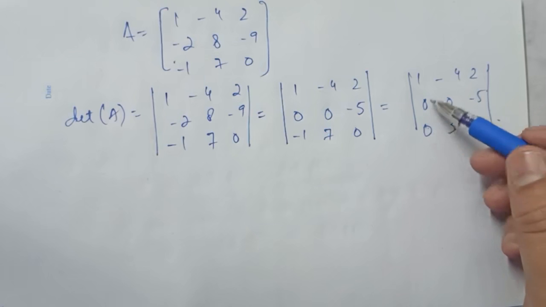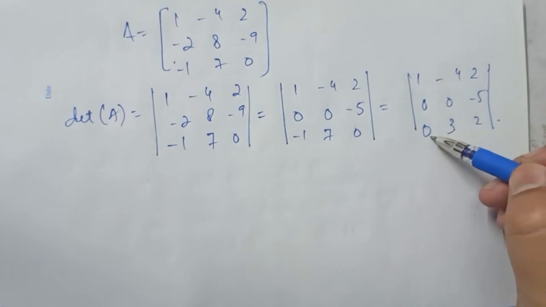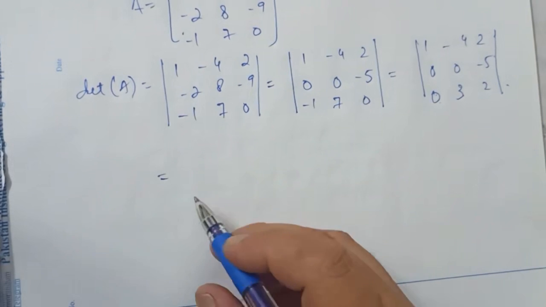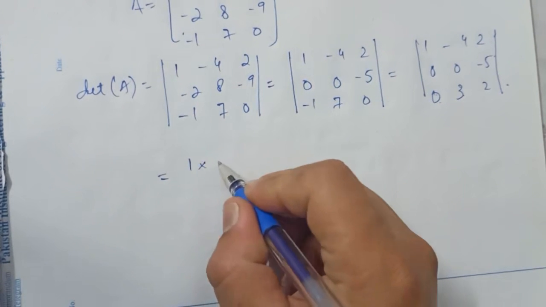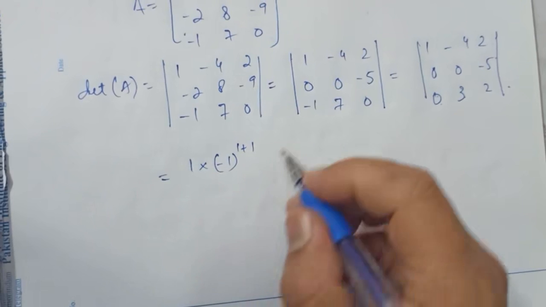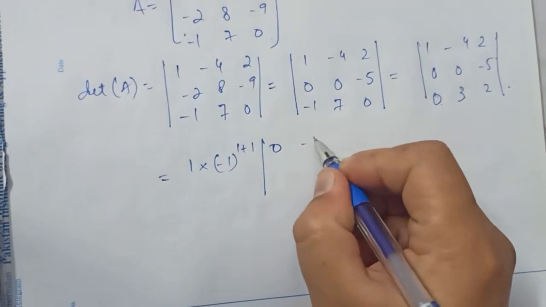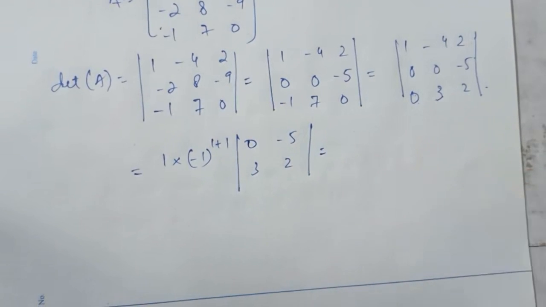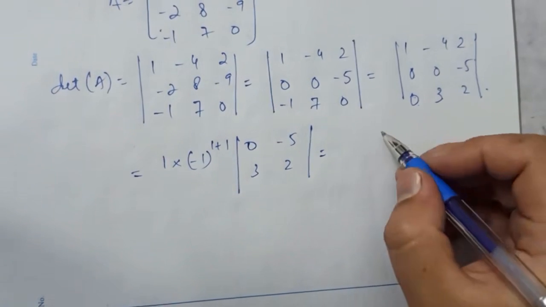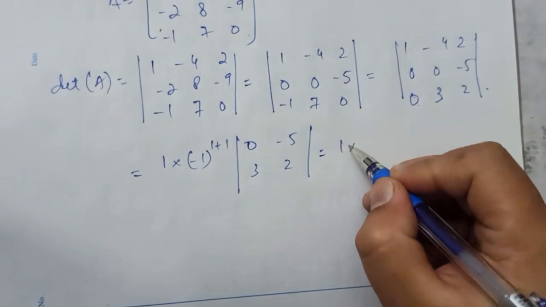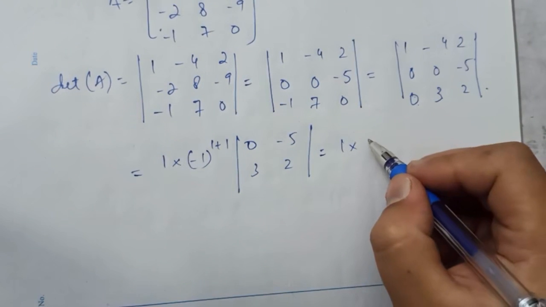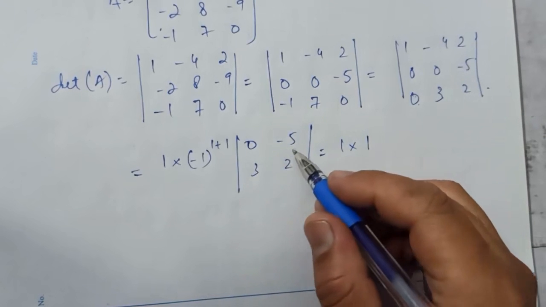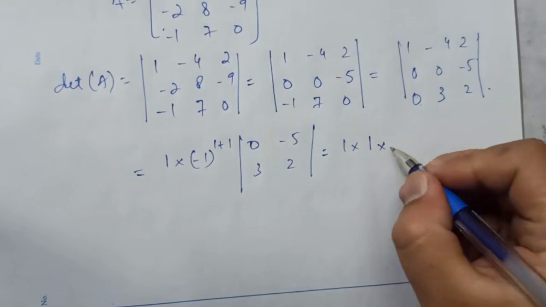the first column, I can do the cofactor expansion across the first column, the calculation will be quite easy, right? So that becomes 1 into minus 1 to the power 1 plus 1. You got here 0, minus 5, 3 and 2, and that equals 1 into minus 1 squared, and that is 2 times 0, 0, 3 times minus 5, minus 15, and again there's a minus sign, so that becomes 15.